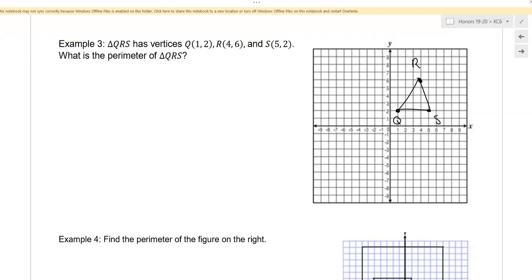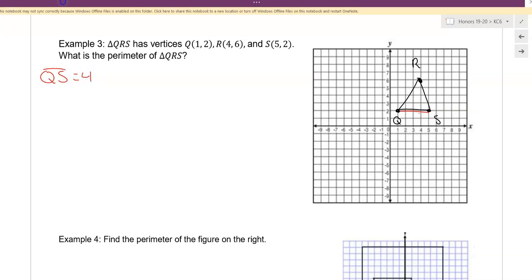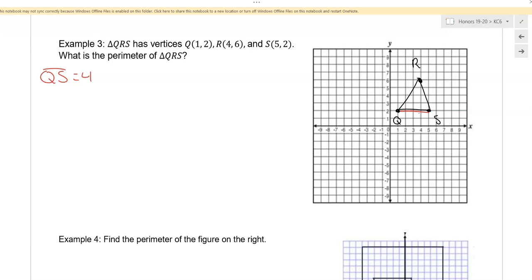Again, I like starting with the straight side. Q and S. It's just 1, 2, 3, 4 units. And then I'm going R and Q. Again, over, right, my X distance and then my Y distance. It goes over 1, 2, 3, and down 1, 2, 3, 4. So that's 3 squared plus 4 squared equals C squared.